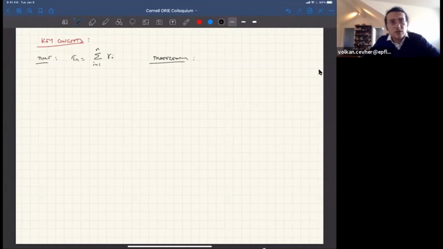The trajectory, we're going to define it as xt, which is xn plus t minus tau n over tau n plus 1 minus tau n times xn plus 1 minus xn. Now this guy, oh, sorry.